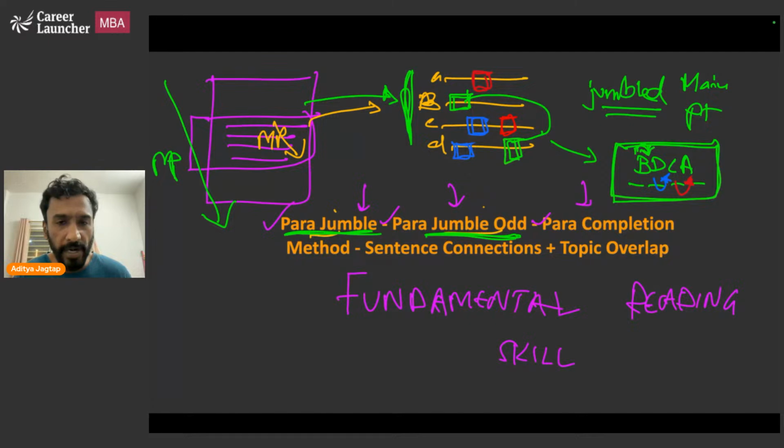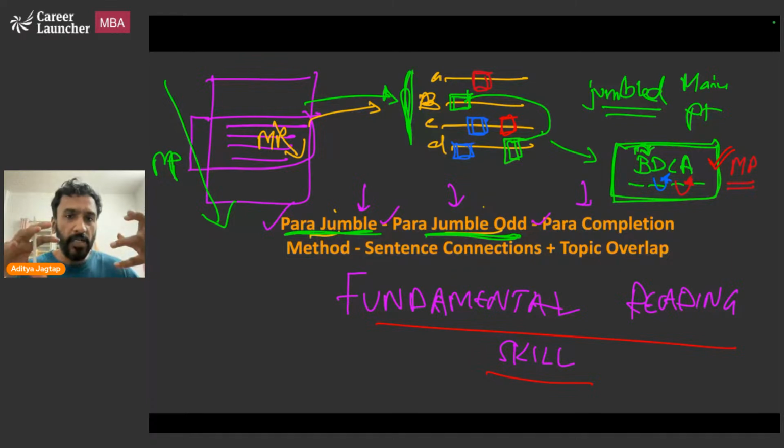This is the only way to rearrange the main point of the author to this correct order, right? So the fundamental reading skill that they are checking here is take a bunch of mixed information, rearrange it in the right order based on what connects those sentences together and what achieves the best expression of the main point of the author.